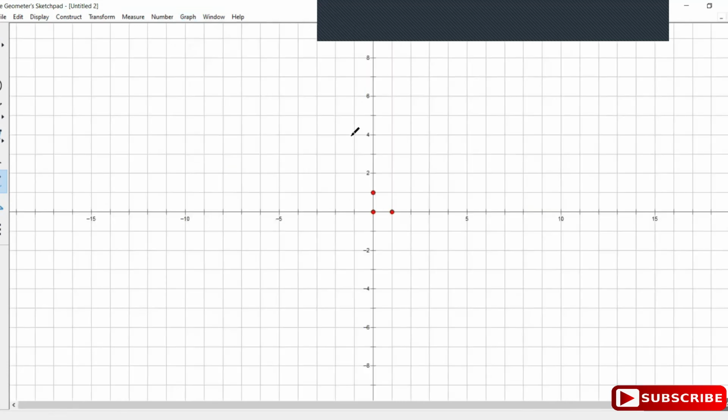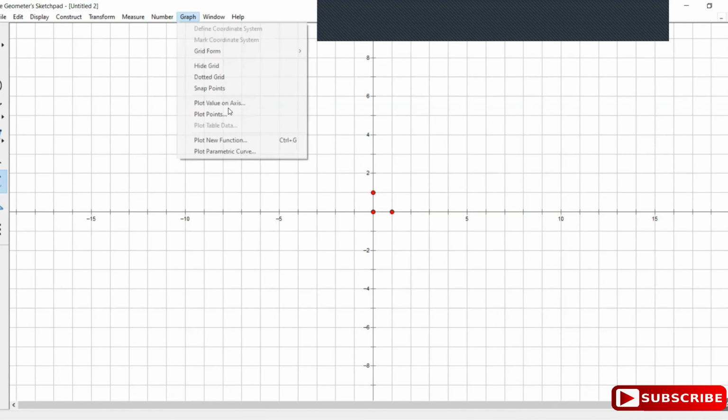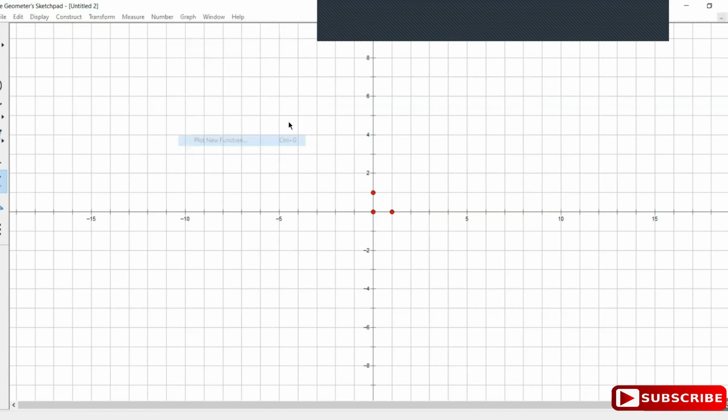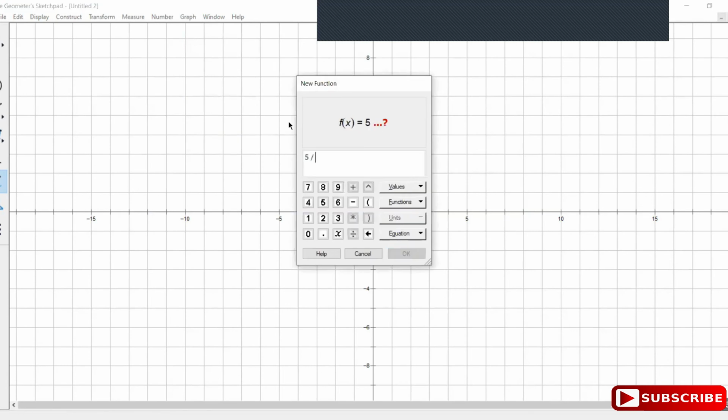And we need to plot 5 over f of x plus 2. So we need to plot 5 divided by f of x, where f of x is cos x minus sine x, and then it is plus 2. That's what we're plotting, 5 over f of x plus 2.